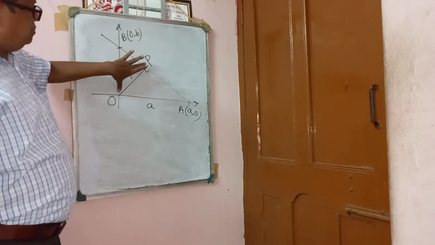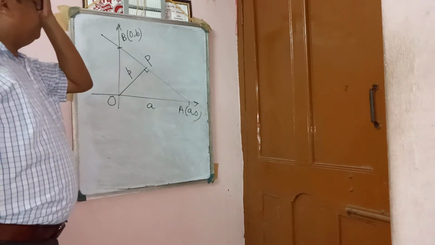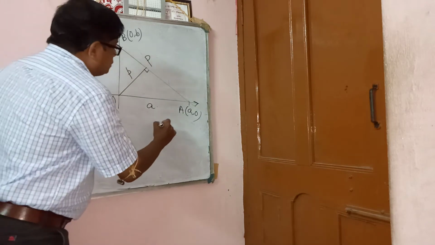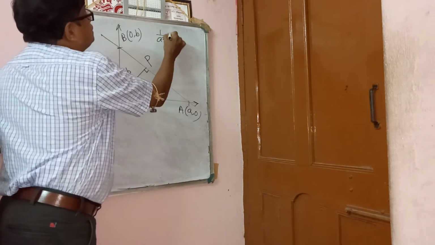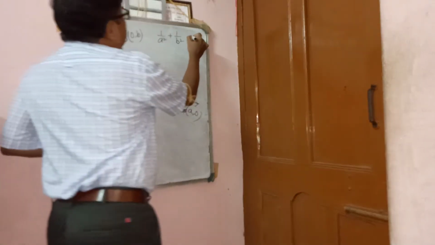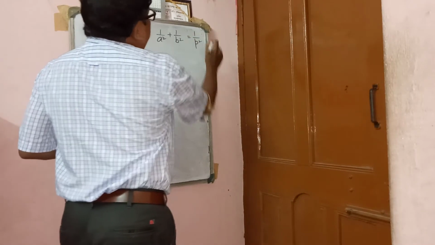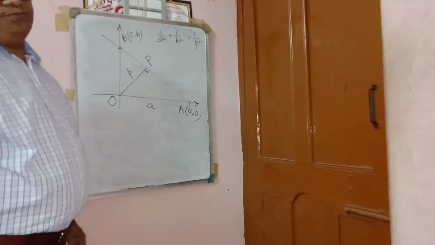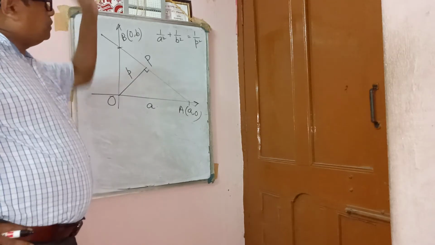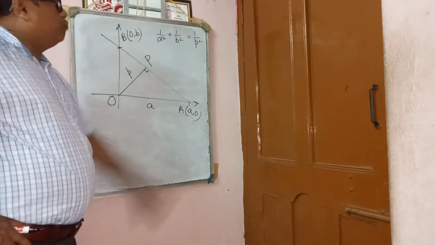Then prove that 1 by a square plus 1 by b square equal to 1 by p square.